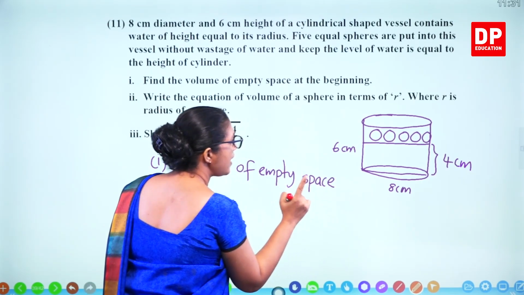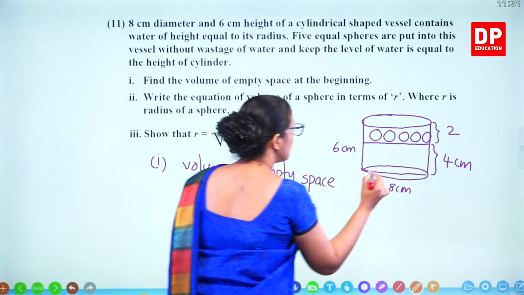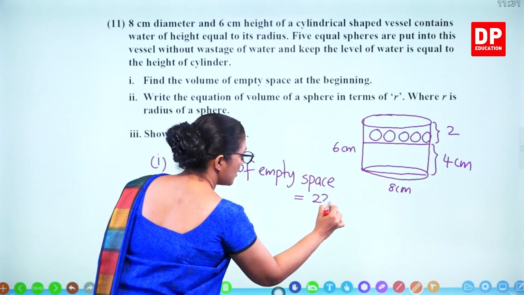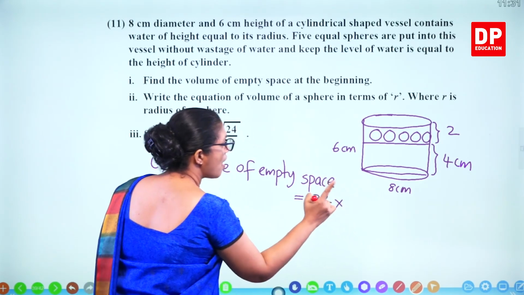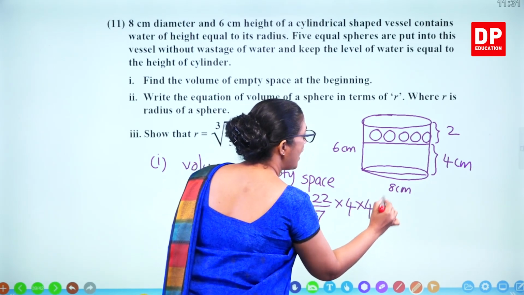Pi r squared h. Now this is 6, 4, this becomes 2. So pi 22 over 7, r squared, r is 4. 4 times 4 and height is 2.